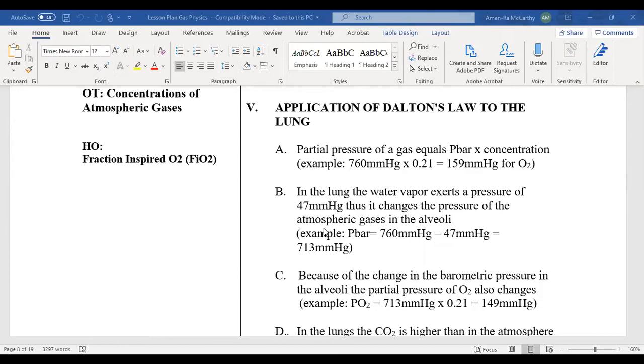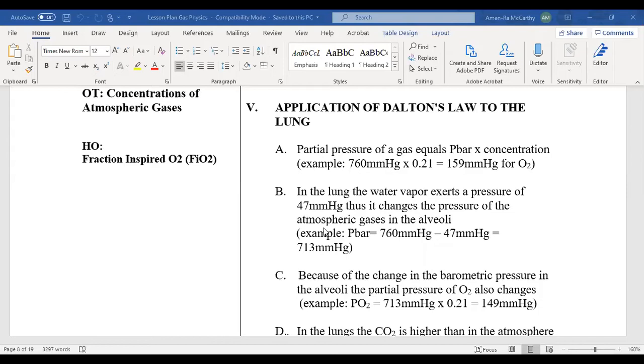All right? So this is the example. P bar equals 760 minus 47. So we got to get rid of the 47. That leaves us with 713. Right? So now that leaves us down to the pressure inside the lung of 713. That's still too much. We still got to get rid of some more stuff, right? Look at C. Because of the change in barometric pressure in the alveoli, the partial pressure of O2 also changes.